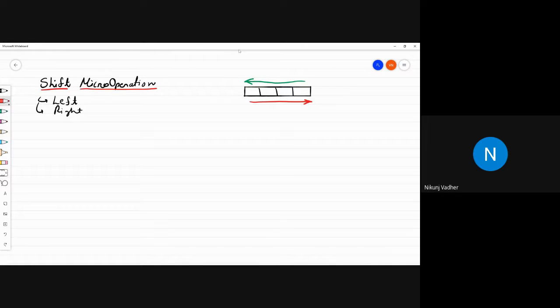Okay, so let me list them. Rather than normal, let me tell you the shift operations: logical, then circular, and then arithmetic.